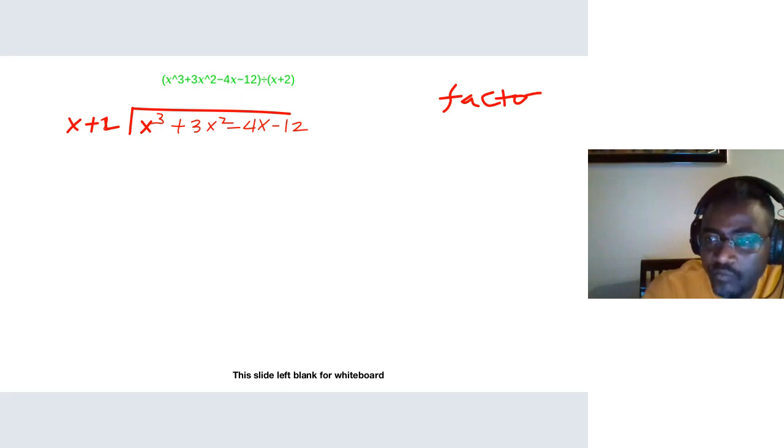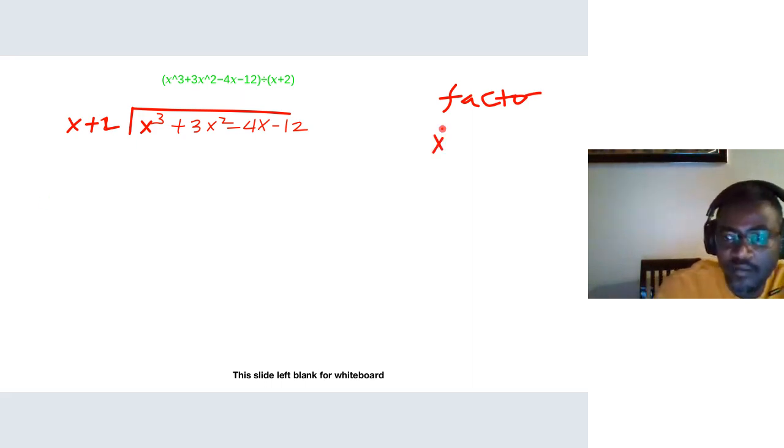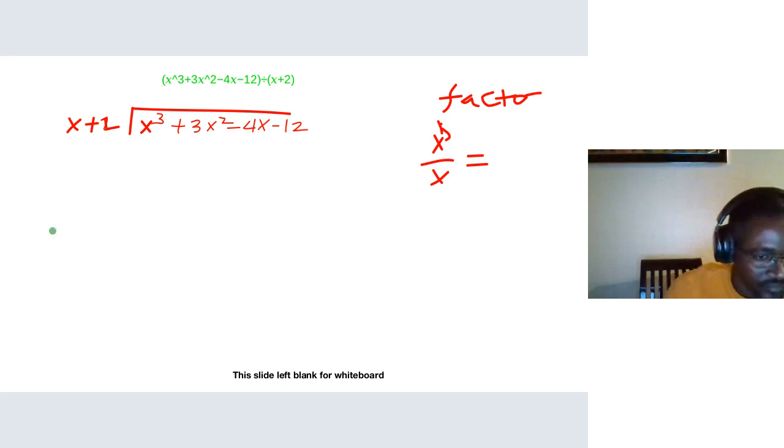Now the first number is x cubed divided by x, and it goes to how much? Excellent. I have answer here: x squared plus 5x plus 6x plus 6. Good, excellent. So I don't think you should have two x's at the same time, like 5x and 6x.